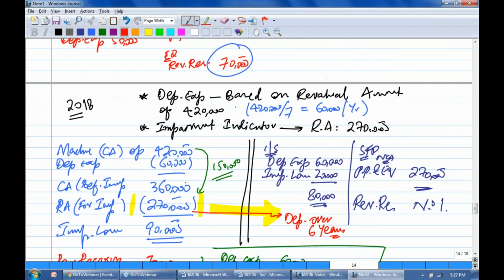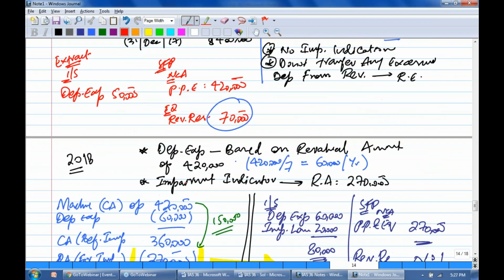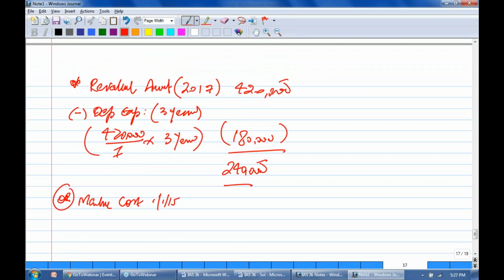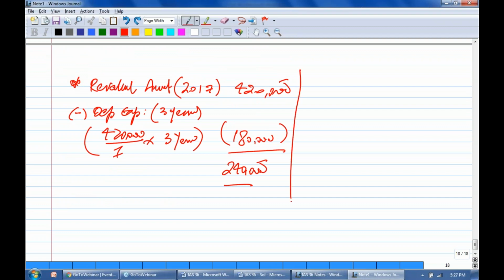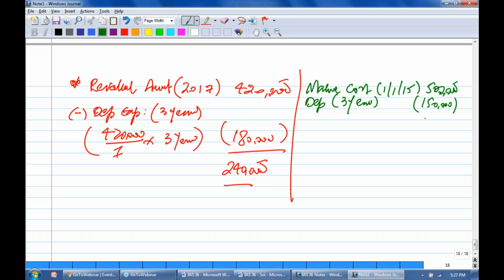That is the 500,000. And we depreciate 15, 16, 17, 3 years, and calculate the book value.